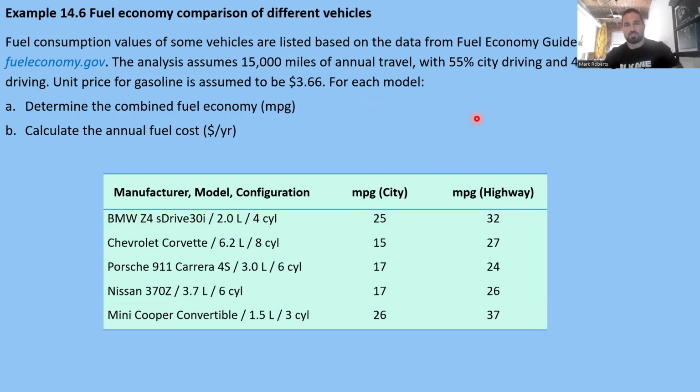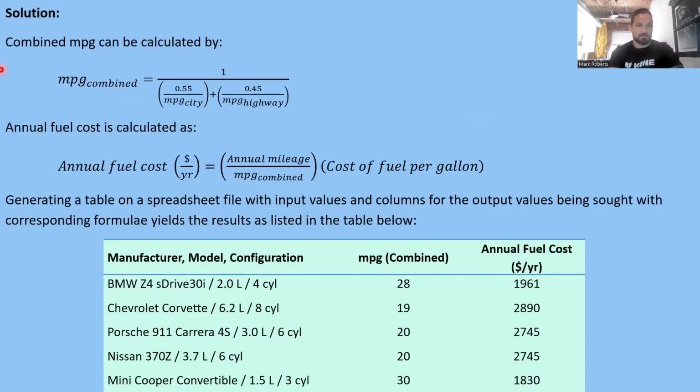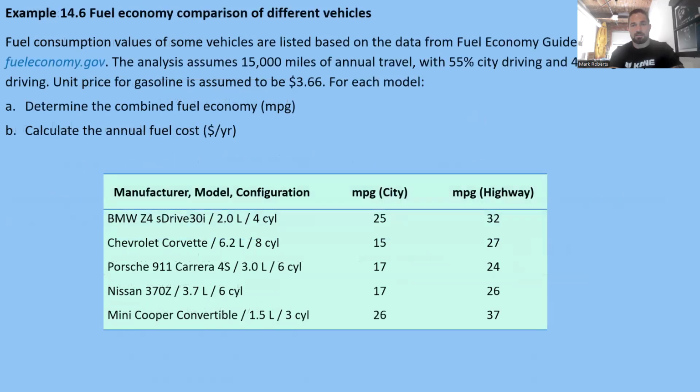We can look at the total miles driven, and then we need to look at the total gallons used. We get the gallons for city, we get the gallons for highway, and if we simplify it down, it gives us this equation right here. So this combined miles per gallon is a weighted miles per gallon based on city and highway.